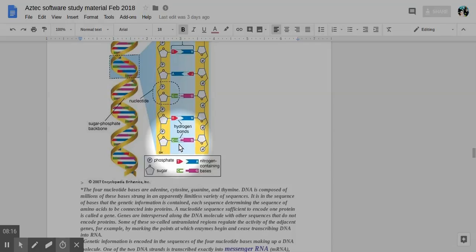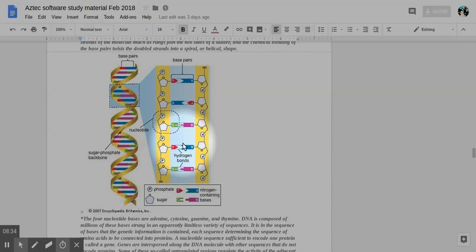Genes are interspersed along the DNA molecule with other sequences that do not encode proteins. Some of these so-called untranslated regions regulate the activity of the adjacent genes, for example by marking the points at which enzymes begin and cease transcribing the DNA into RNA molecules.